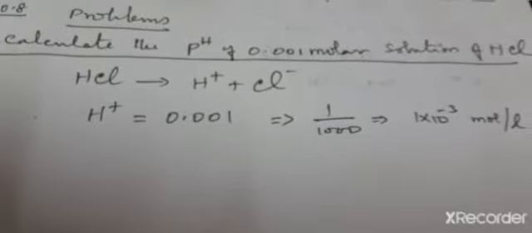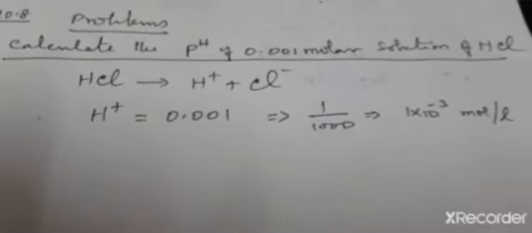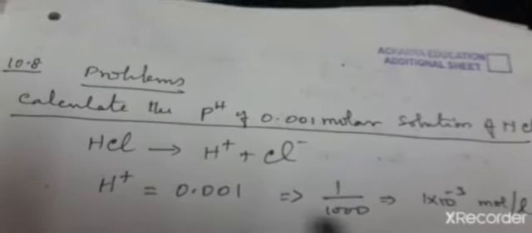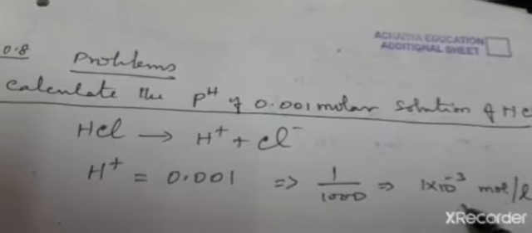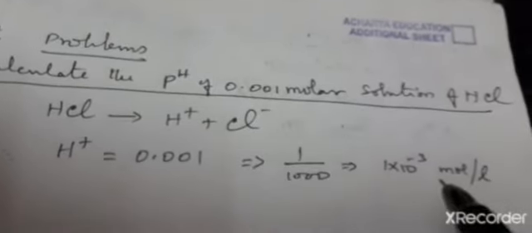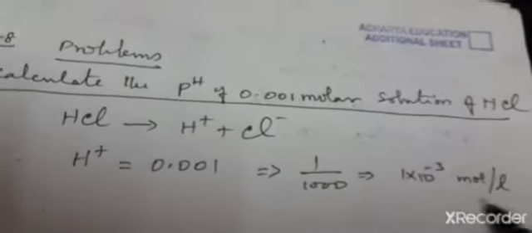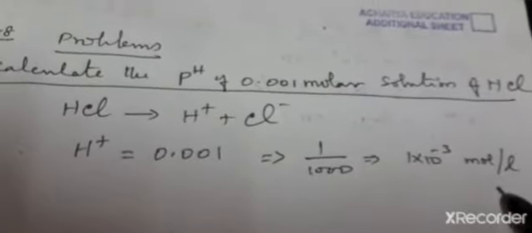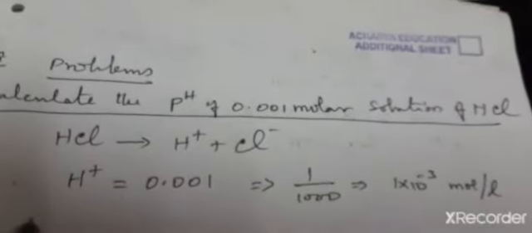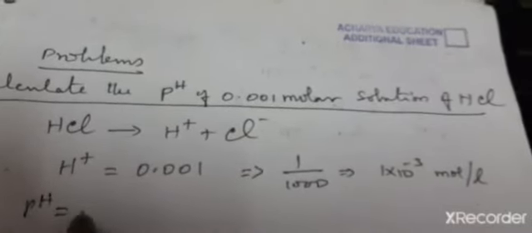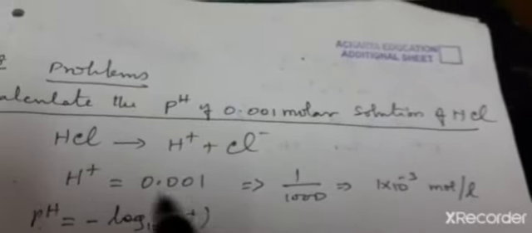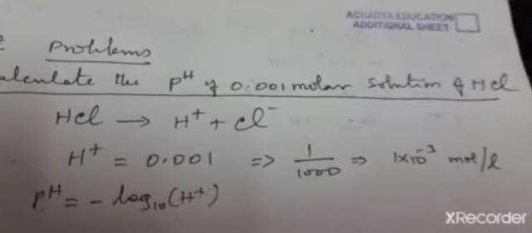Here, a 0.01 molar solution is given. So the H plus is 0.01. This can be written as 1 by 1000, or 1 into 10 power minus 3 mole per liter. You can convert like this. What is the formula you have to apply? The simple formula is the negative logarithm of hydrogen ion concentration, minus log 10 H plus, because the hydrogen ion concentration is given and this is an acidic solution.